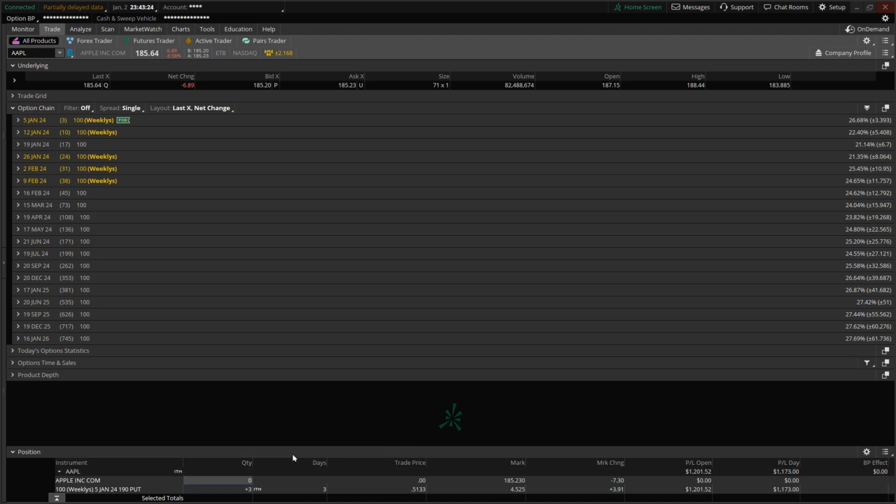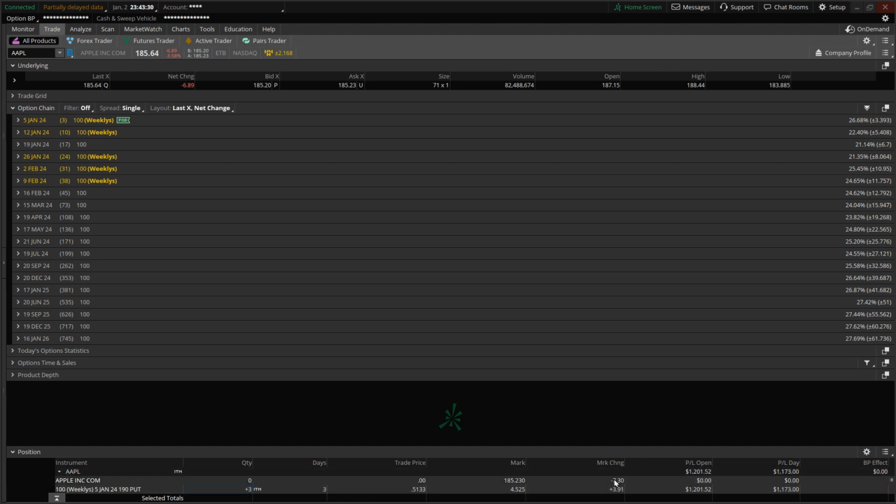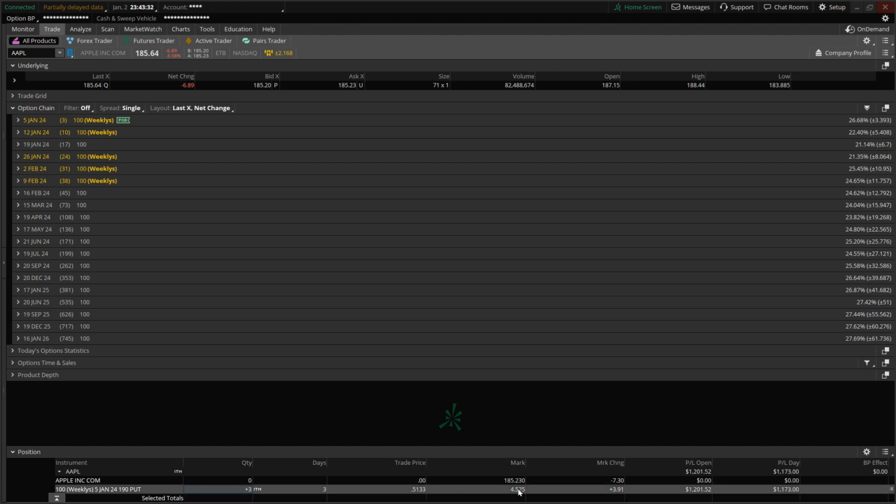And so this was a short swing trade. There's only 3 days remaining in the life of these contracts. So I'll continue monitoring this. I'd like to close this out at maybe $525 per contract, or $5.25 per premium.